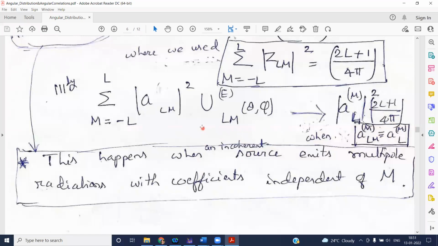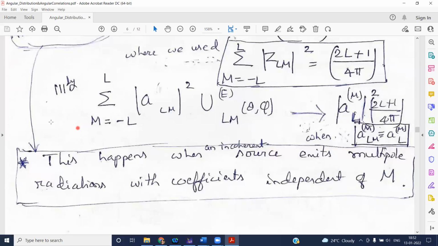How do people overcome that and still aim to determine the L value of the radiation? If you know the L value, you know the nuclear state associated with it. That is, the L value is a signature of the source. What are the energy levels in the source? That's what we want to know.